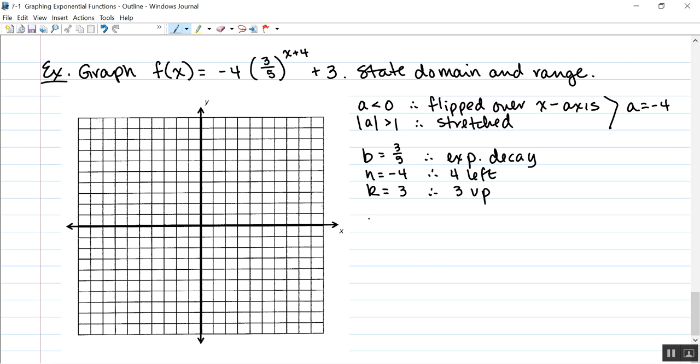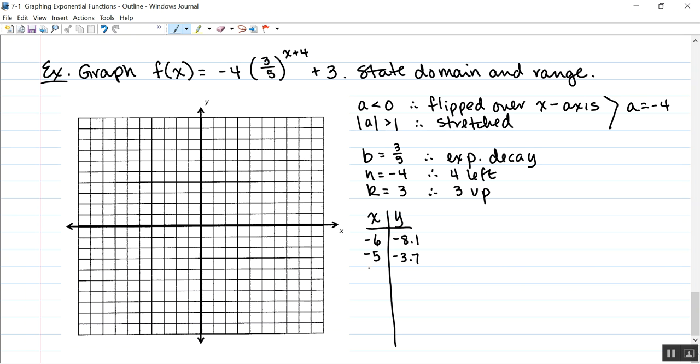So to be honest, I put this into my calculator and I came up with some values here. And unfortunately, because of all the stuff that's going on here with the 3/5 and the -4 and the raised to the power of x plus 4, you get some kind of strange numbers. So I'm going to just go ahead and I kind of guessed at it. I got some decimals.